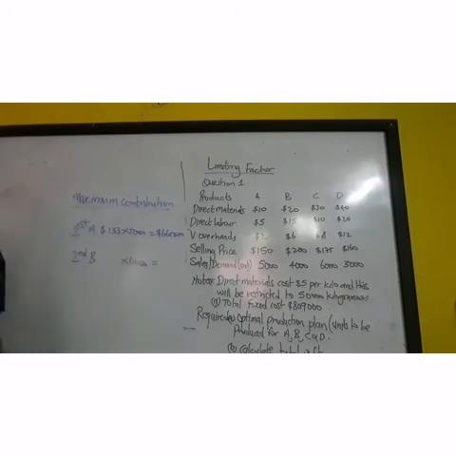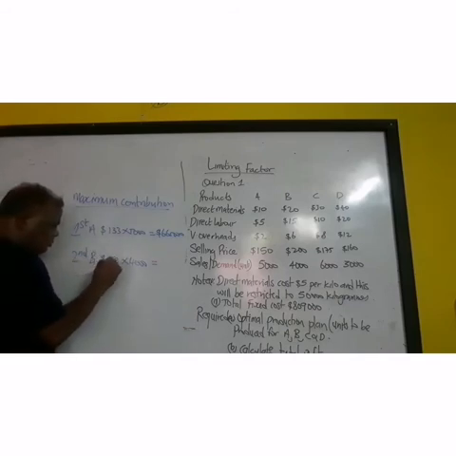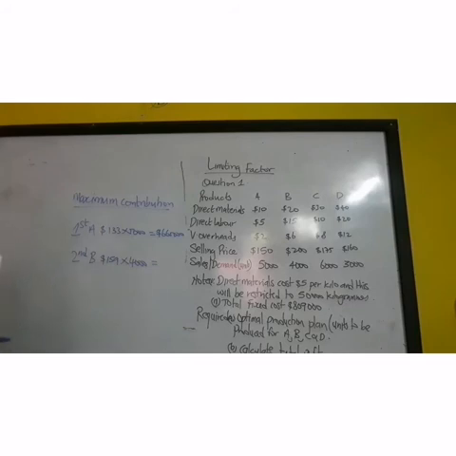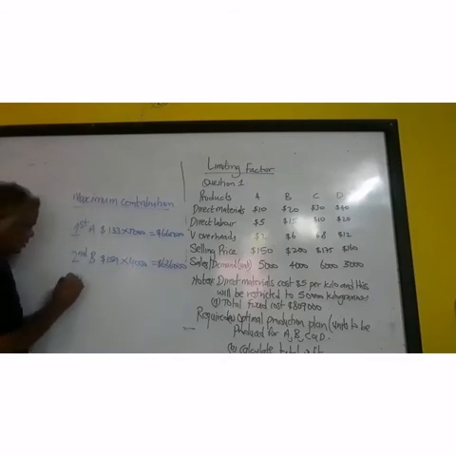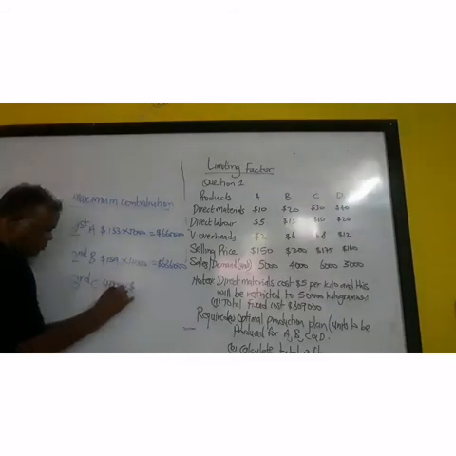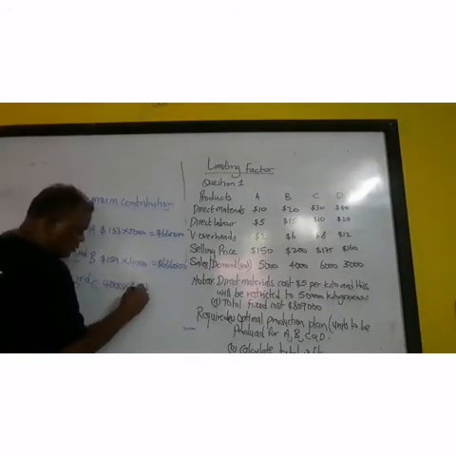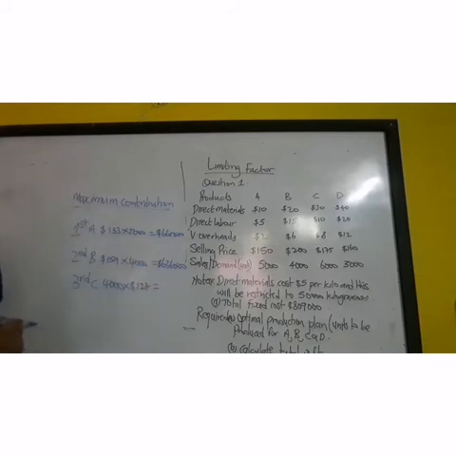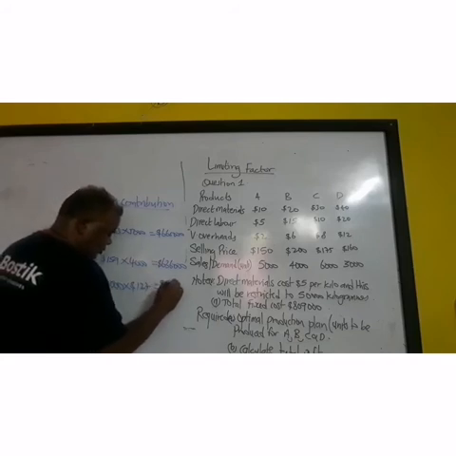And then for B, we can produce 4,000 units. What is the contribution per unit? 159. We multiply, this will give us 636,000. And then, third, C, we can produce only 4,000 units times contribution per unit 127. That gives us 508,000.